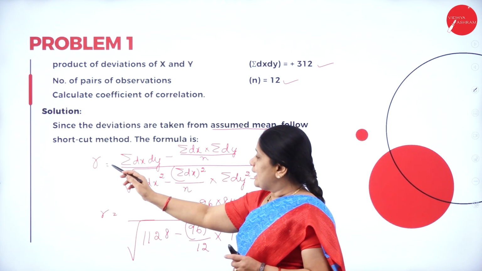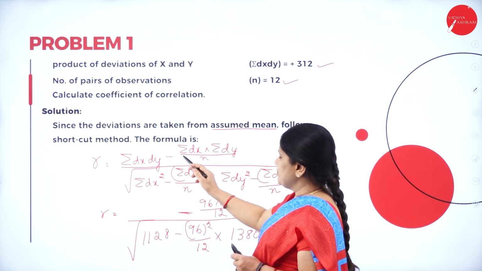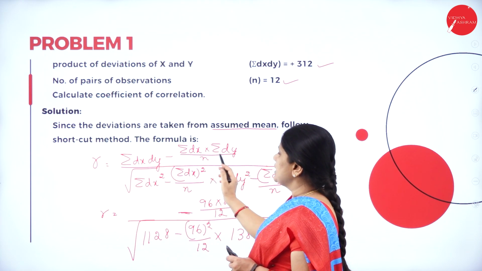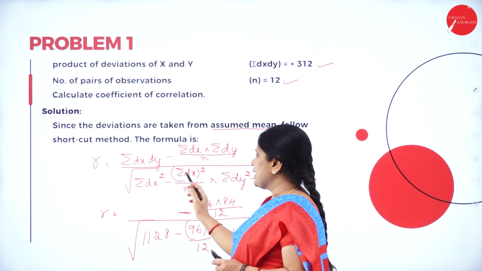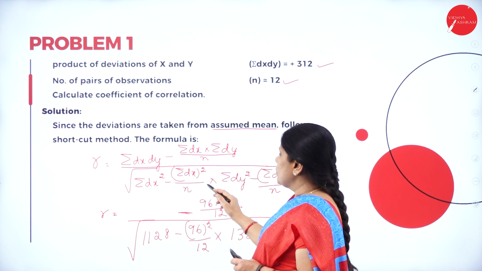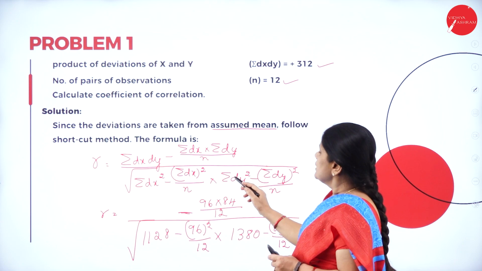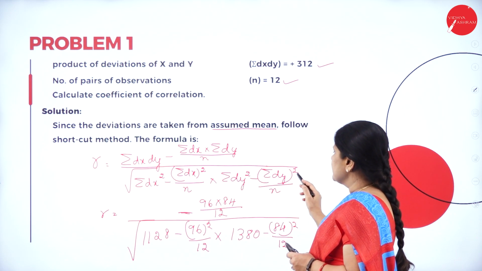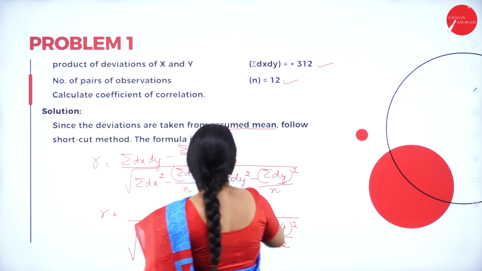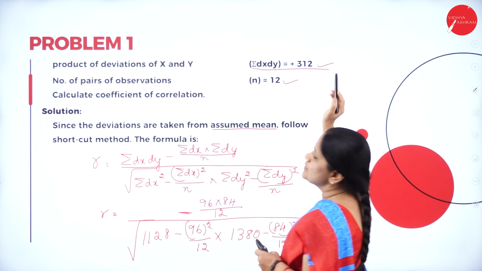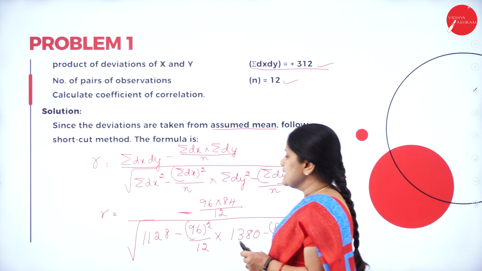The formula: R equals sigma dx dy minus sigma dx into sigma dy divided by n, whole over root of sigma dx square minus sigma dx the whole square divided by n, into sigma dy square minus sigma dy the whole square divided by n. Now, sigma dx dy is given as 312.